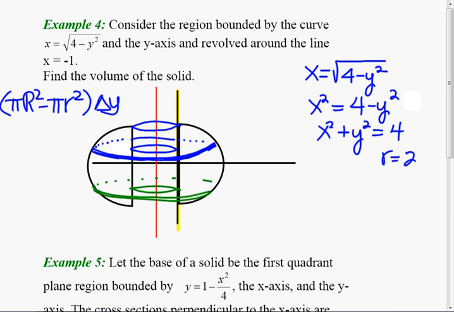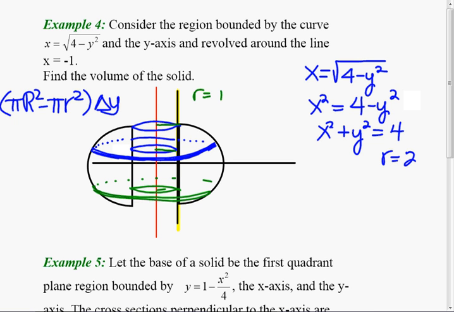Okay, you guys, we haven't done the hard part. What's the little radius? This is not a function. What's the little radius? 1. Now, here's the hard part. What's the big radius?